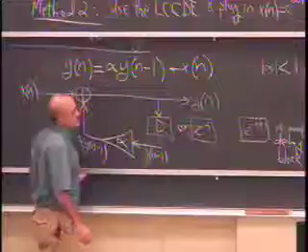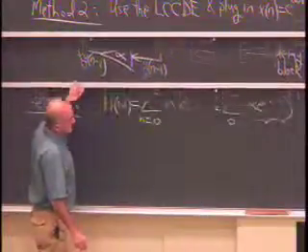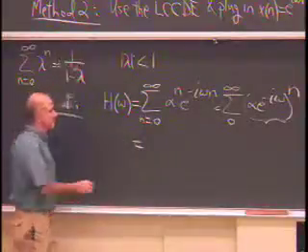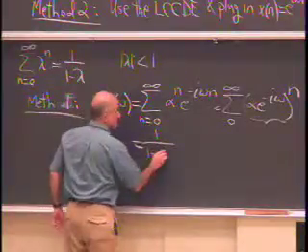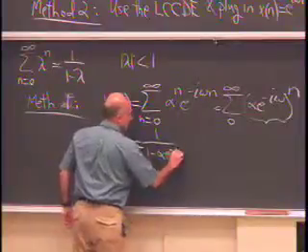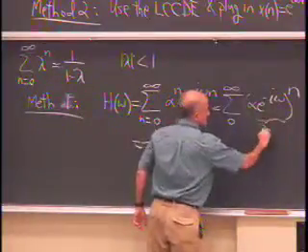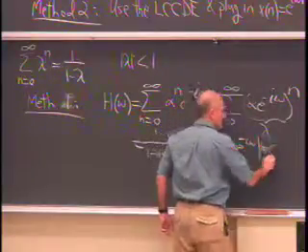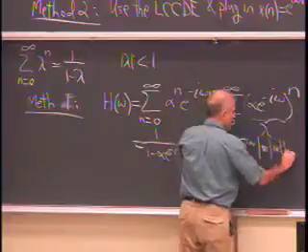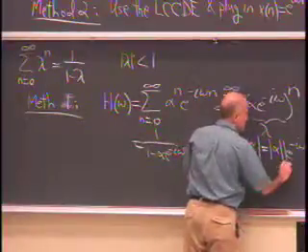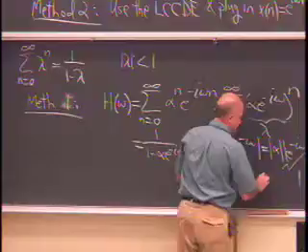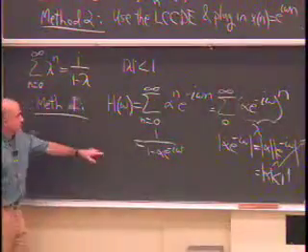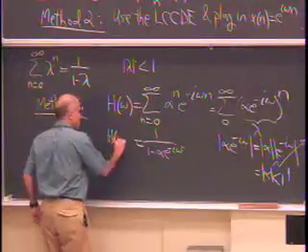So if that's the case, then this summation using this closed form will be 1 over 1 minus alpha e to the minus I omega, because the magnitude of this lambda is simply the magnitude of alpha times the magnitude of the complex exponential, and this, you know, is 1. So this is alpha, and we're told that that's less than 1. So we can use the closed form expression.